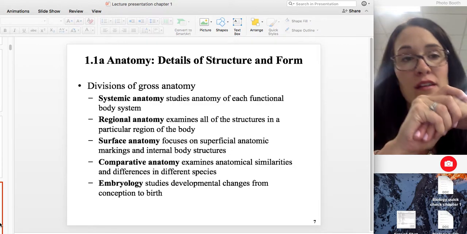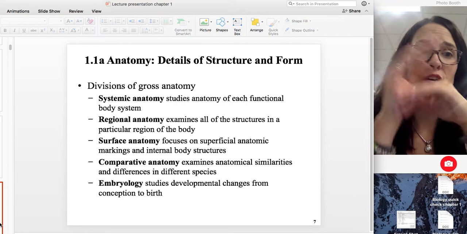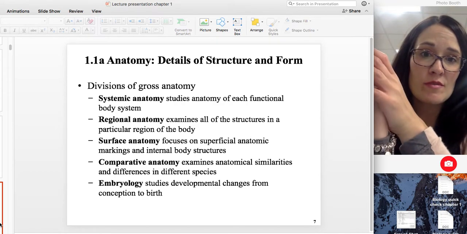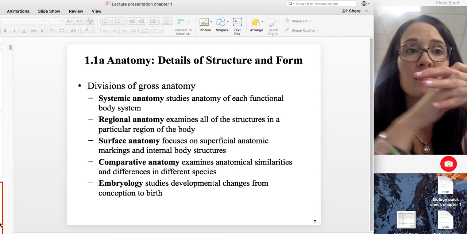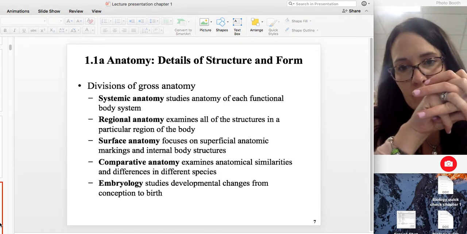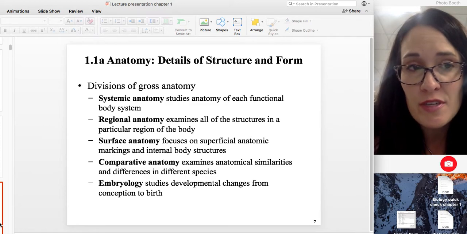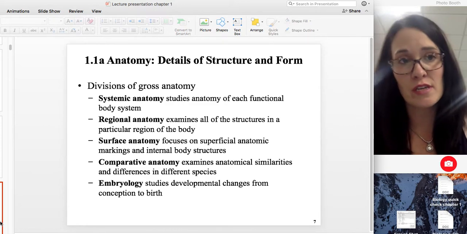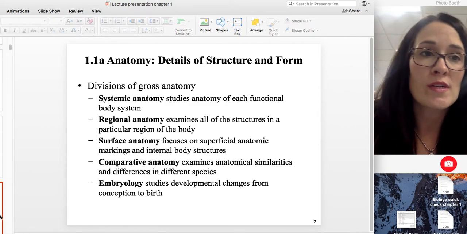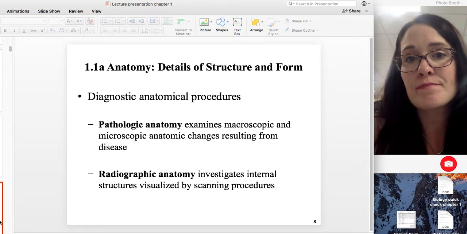Comparative anatomy, it sounds like what it is. You're comparing the human body system to another species' body system. And then embryology is the study from conception to birth, so the stages of the embryo and when different cells or body parts form.